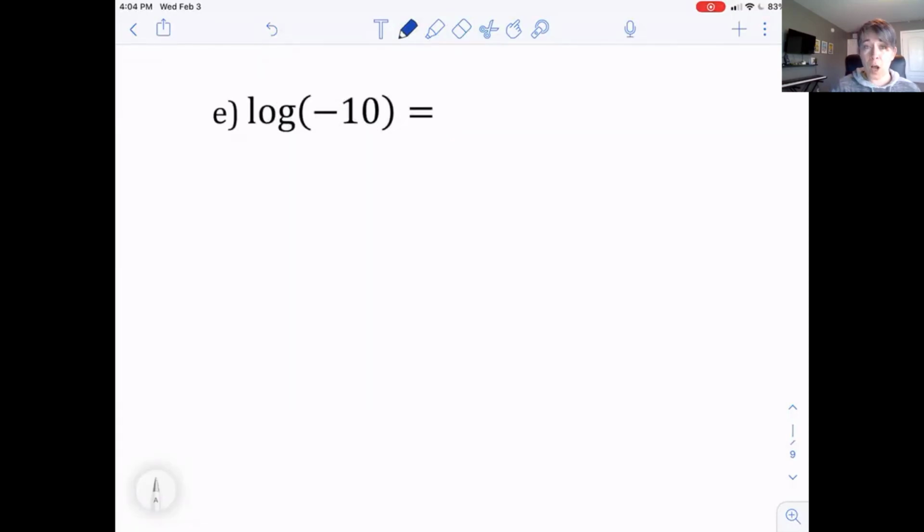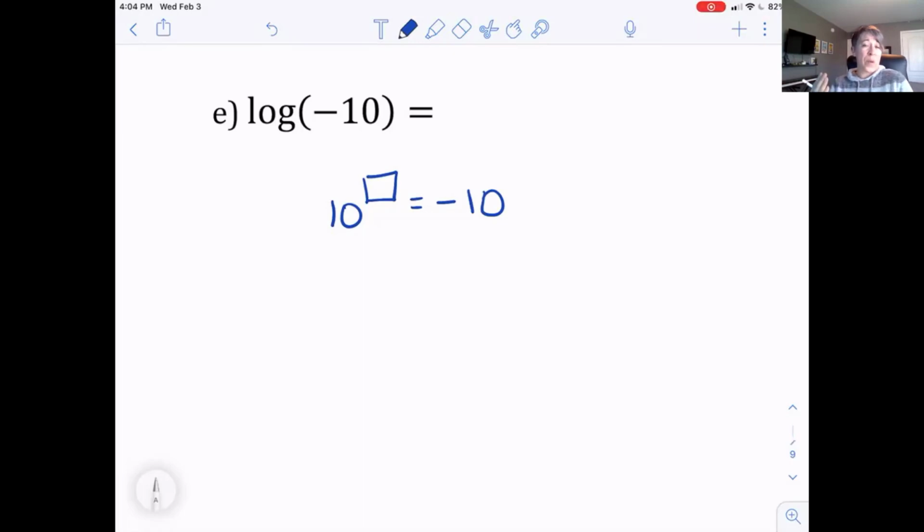Here we have another common log. So this one is asking us, base of 10 to what exponent would give us -10? Is there one? Even if we took it to a negative exponent, that wouldn't change it to a negative number. It would just take the reciprocal, like 10 to the -1 is 1/10.